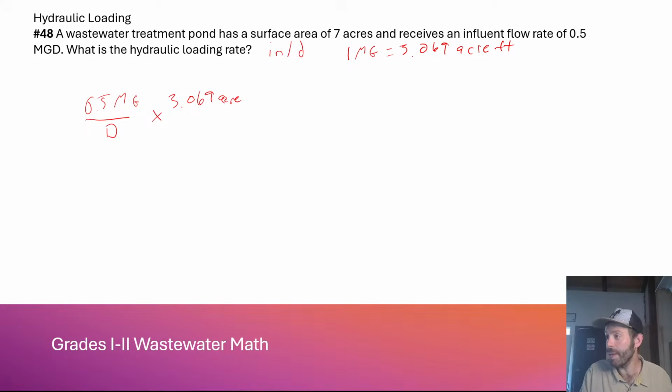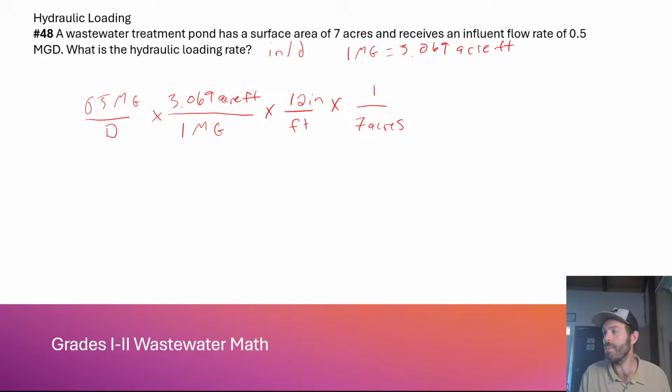I got my notes here to make sure I'm doing my units properly. So if you see me glancing down a little bit, that's what I'm doing. I just want to make sure I'm being accurate here. Per 1 mg, times, where are you at? 12 inches in a foot, times 7 acres.